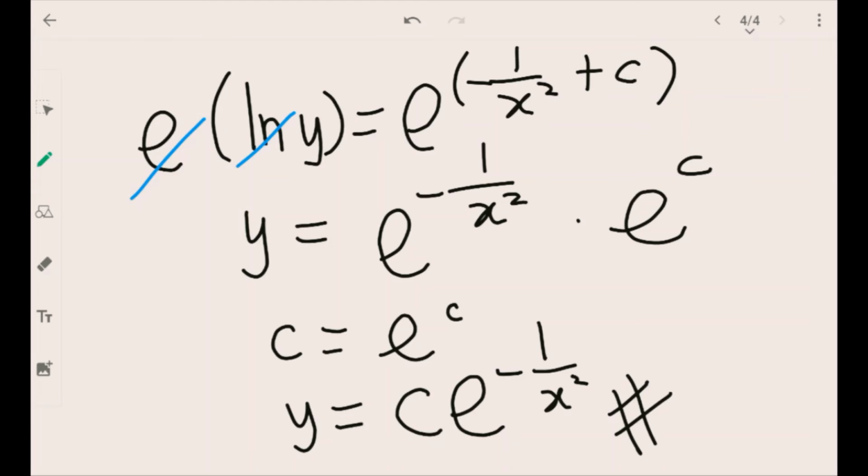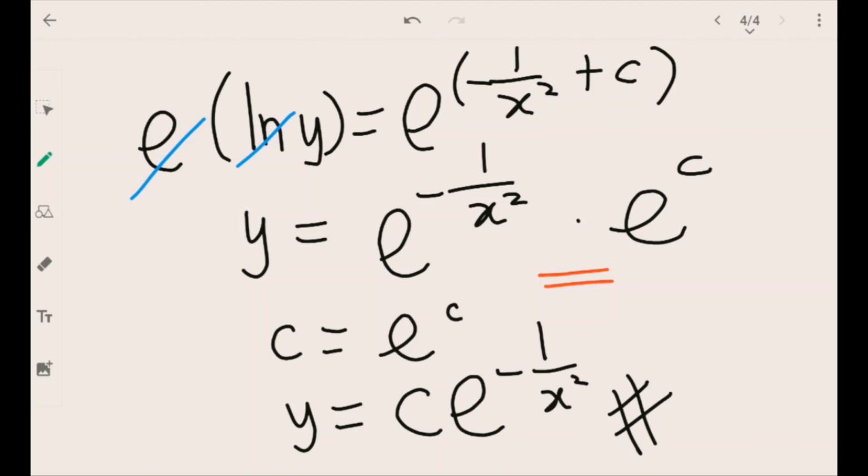Then exponential and ln, when combined, will eliminate and become y. On the other side, the exponential applies to negative 1 over x squared plus c. So you can see here y equals exponential of negative 1 over x to the power of 2 times exponential of c.